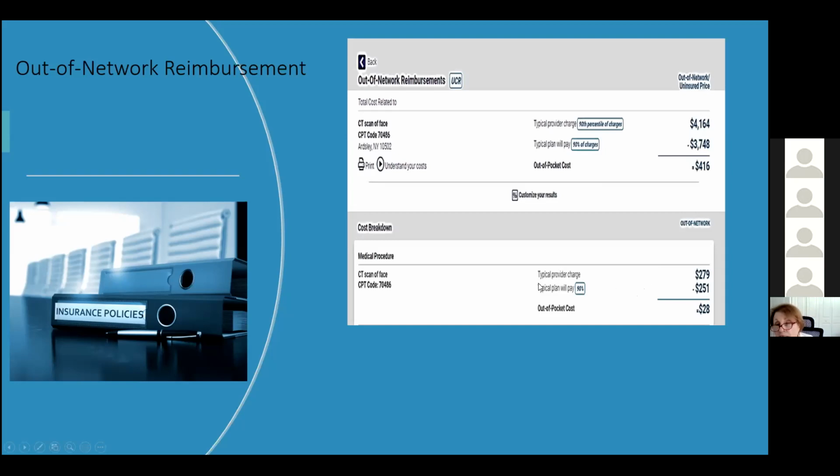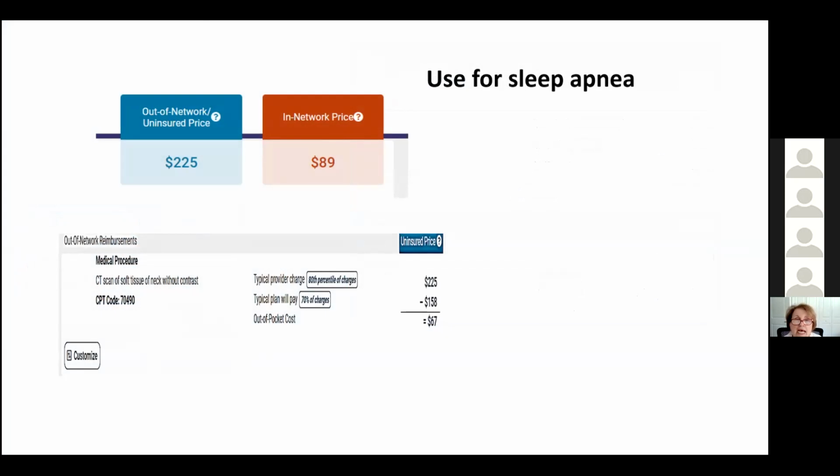You put your zip code in, and then the typical plan, again, at 90%. So the out-of-pocket for the patient is $28 for the reading, and the out-of-pocket for taking is higher, $416. So we have codes to look at, whether it's taken, read, and so on. So you really have that choice.